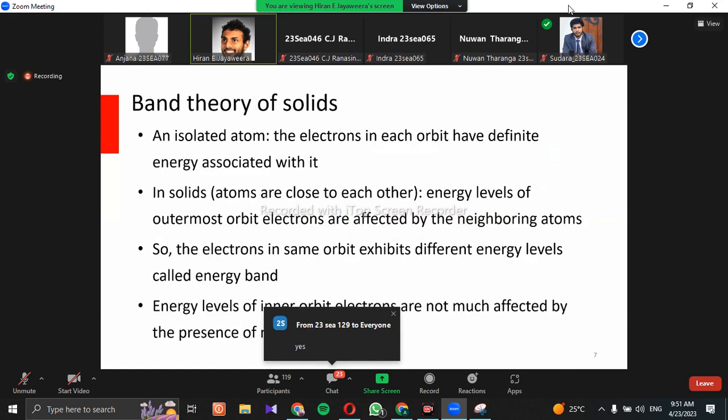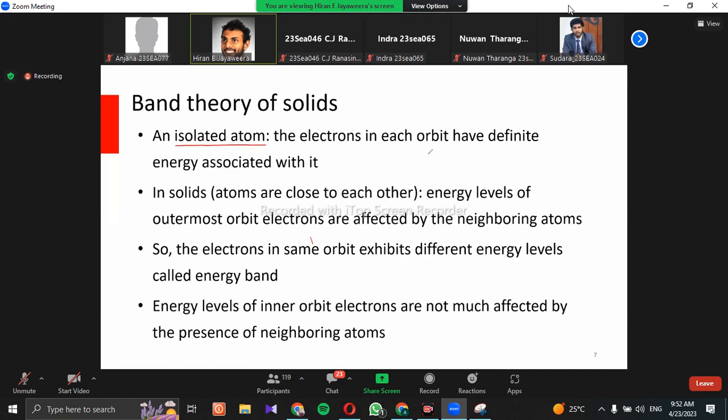Then a few more definitions, and after that, I guarantee that we will move towards something else. One is the isolated atom. The term isolated atom represents an atom which is not influenced by any other atom, just one single atom.